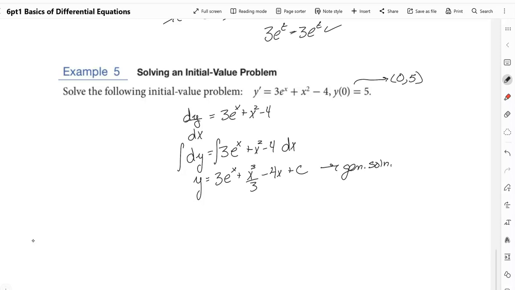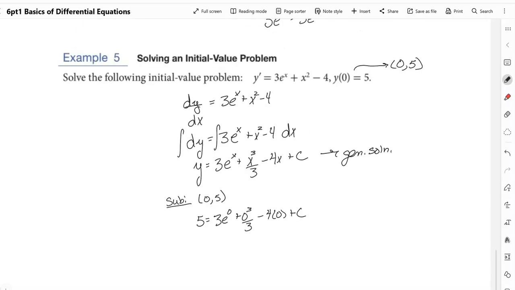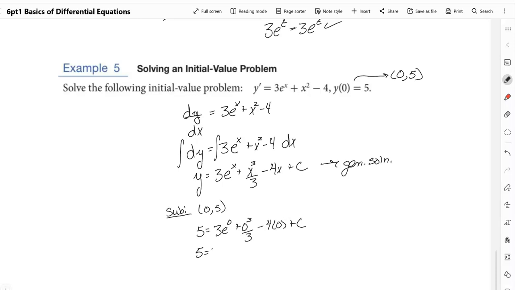To find the particular solution, we're going to substitute in that initial value, (0, 5). So y is 5 when x is 0. So we're going to get 5 equals 3 plus c. So that means 2 is equal to c.